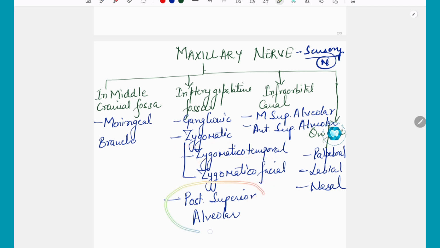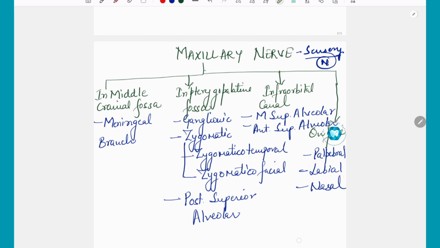And the last one is the posterior superior alveolar. Then in the infraorbital canal, it has the middle superior alveolar branch and the anterior superior alveolar branch. On the face, it has the terminal branches, the palpebral, the labial, and the nasal.